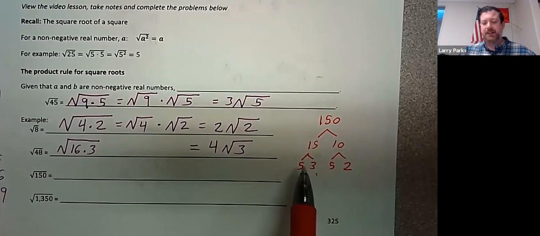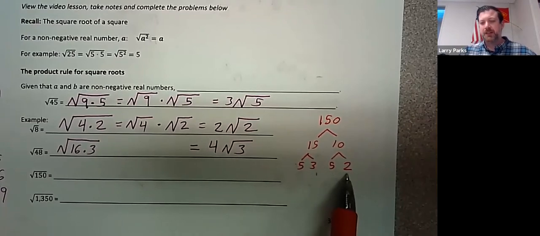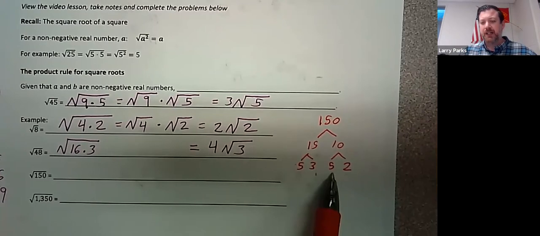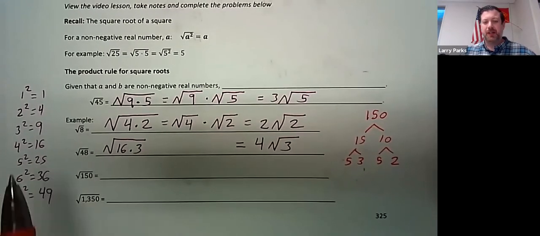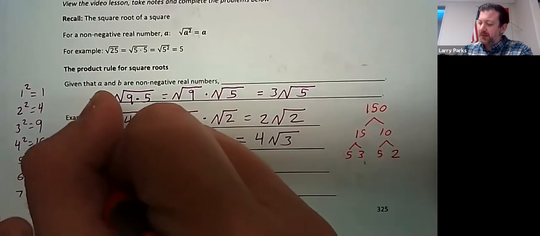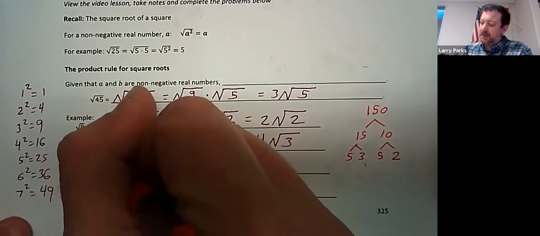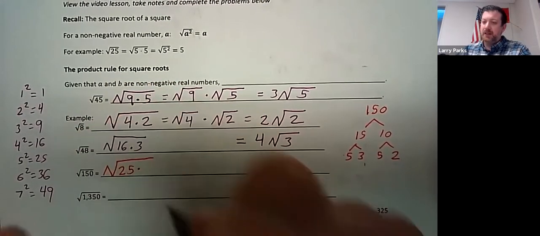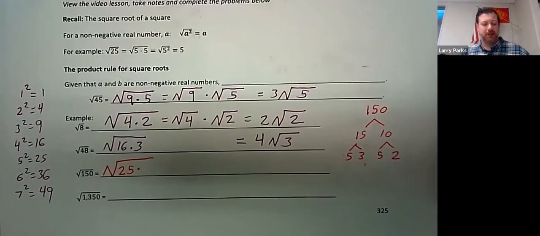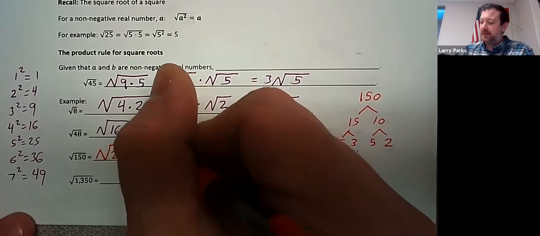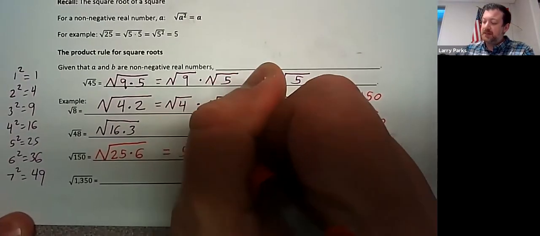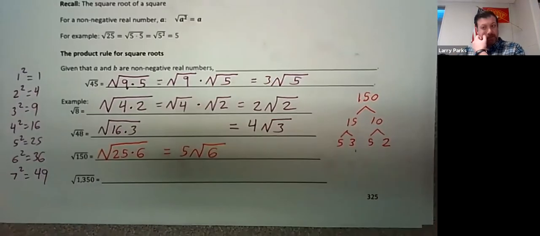So when I look at this, if I see any numbers more than once, then that must be the factor. So see how 5 times 5 is 25? So I know that the largest number that goes into this is 25. So I'm going to write this as square root of 25 times 6. But the square root of 25 is 5. Okay.